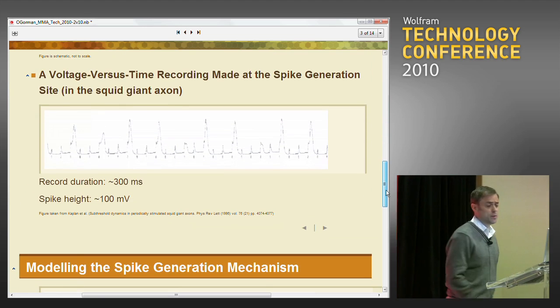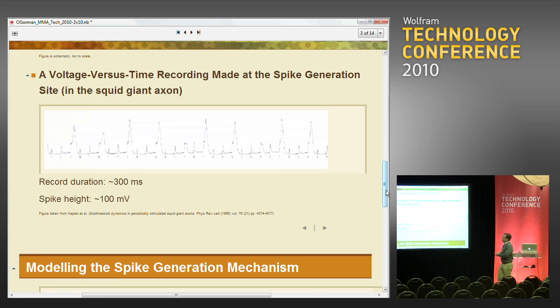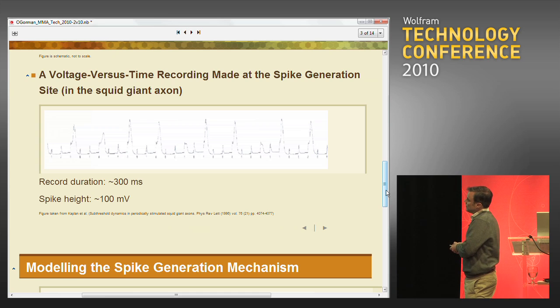And this is an example of an experimental record of what the voltage looks like at the spike generator as a function of time. And these little markers down here indicate the time of the stimulating current pulses. The amplitude of these current pulses is uniformly the same.